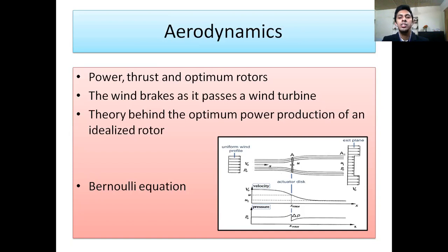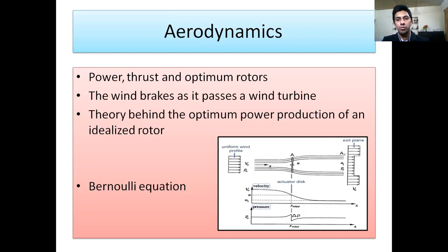The equation states that the sum of pressure and one half rho velocity squared is constant. So if we go from the start to the front of the rotor, the initial term equals P plus one half rho U squared at the front of the rotor.